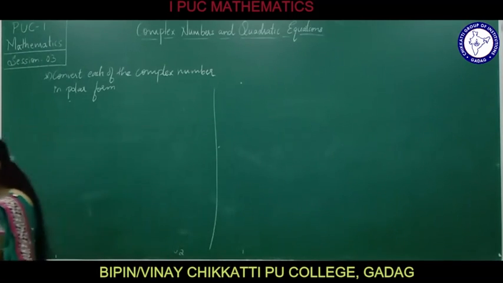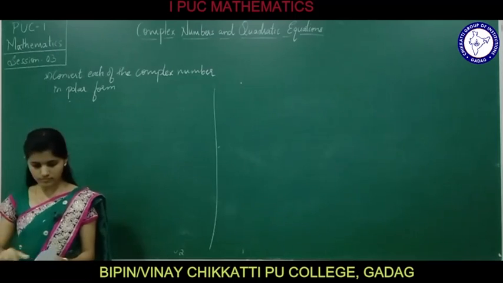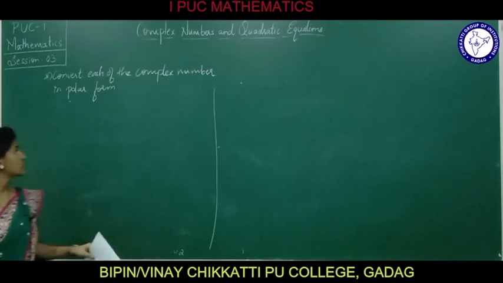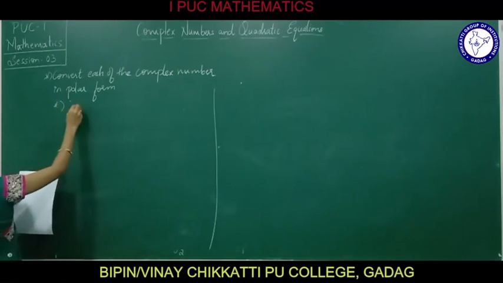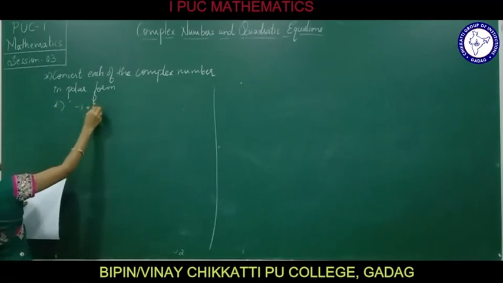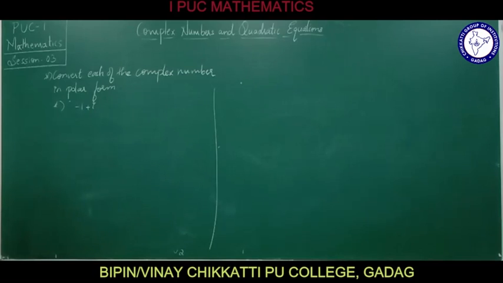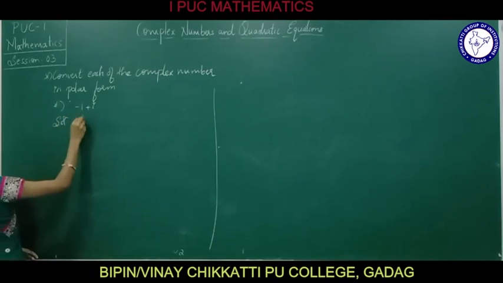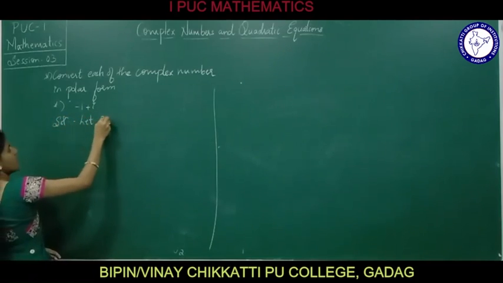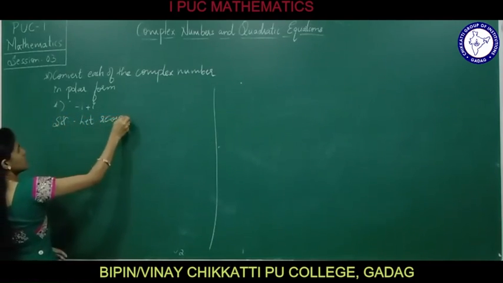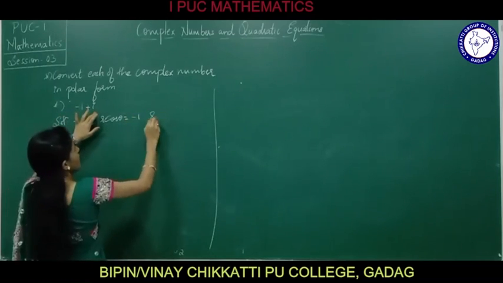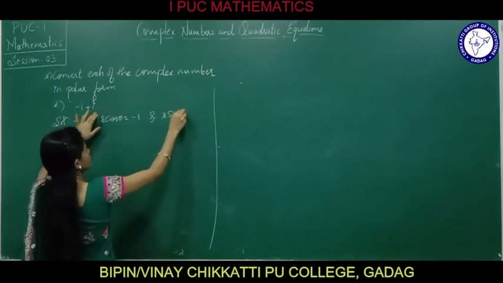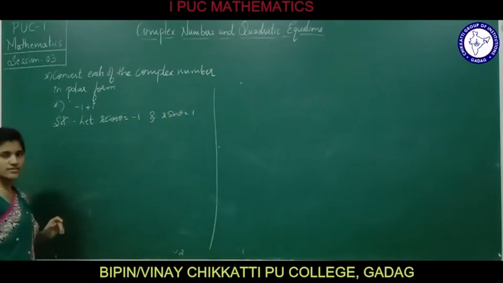What is the next problem given? It is given as minus 1 plus i. Our solution will be the same, just go on repeating the steps. Let r cos theta be equal to minus 1, and r sin theta will be equal to plus 1.